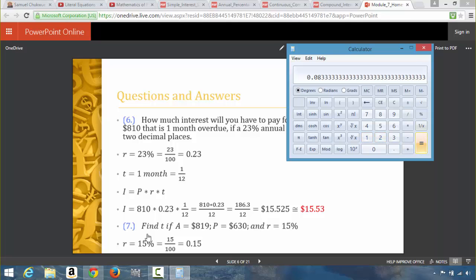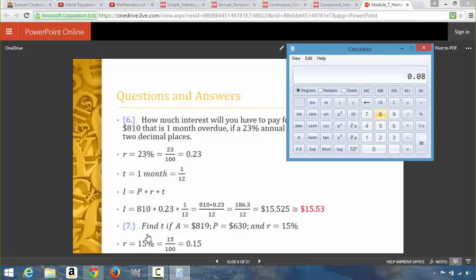1 divided by 12 is 0.083. Okay. Let's say some people approximated. Some cases you might get it right, some cases you might not. Let's say some people approximated to 2 decimal places. Now, but one thing is for sure, whenever you are dealing with money, you do not approximate until the final answer.